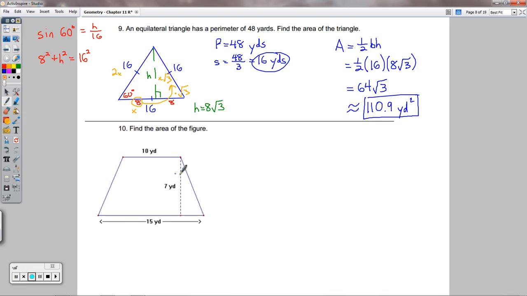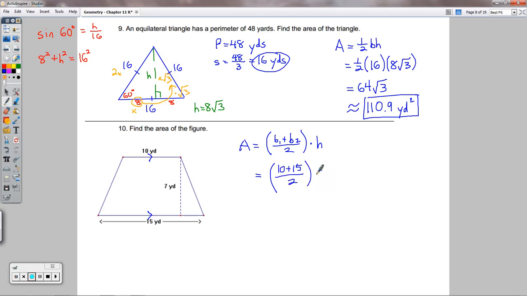Number 10, this looks like a trapezoid to me, so we're going to assume that we can trust the looks here on this worksheet. I'm saying that this side's parallel to that one. And the area of a trapezoid is the average of the bases times the height. So average of the bases here, you're going to say 10 plus 15 divided by 2.